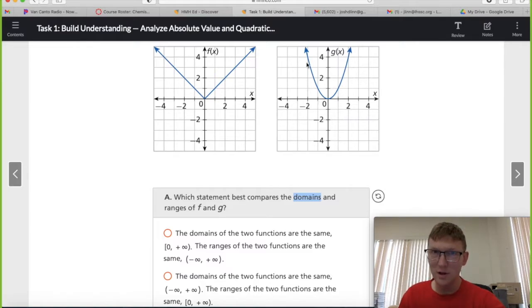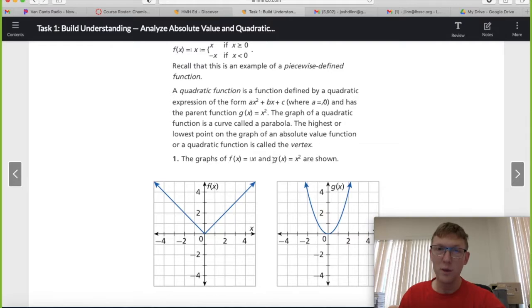This one is a little less apparent, but if you remember x squared, think about what values I can plug in for x and actually get a number out. You can plug in any value you want. There are no restricted values.